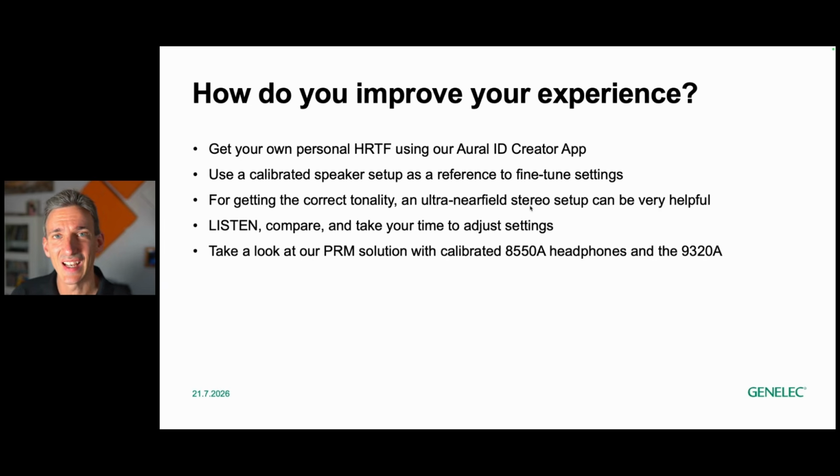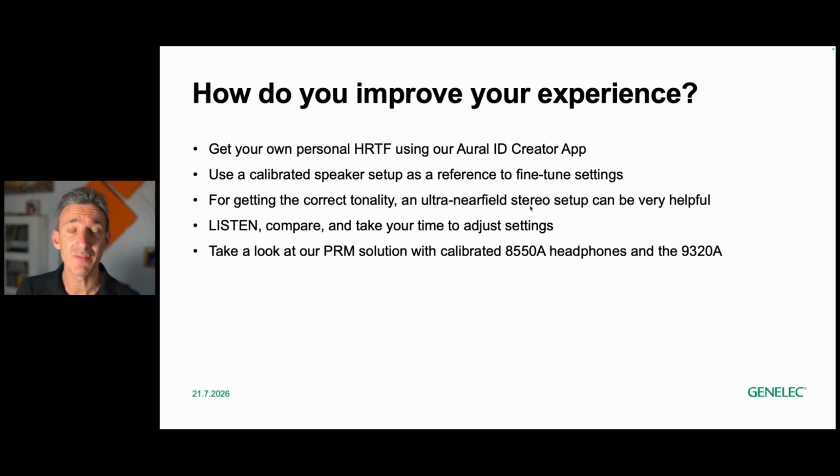And if you're interested in a somehow complete solution, then you should, of course, check out our PRM. You will also see a photo later on. This consists of our 9320A, the reference controller, which allows you to control GLM, which is at the same time an output interface delivering AES/EBU and analog audio. So you can just connect it directly via USB-C to your computer and use it like an output interface.